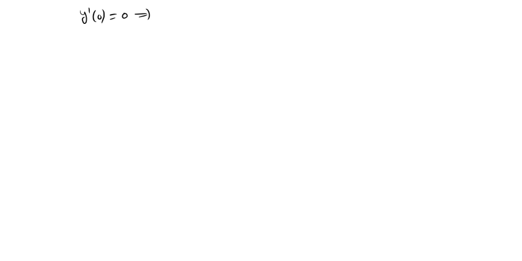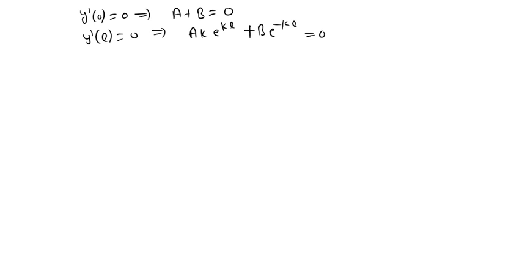This will give you a plus b equal to 0, and the second condition y dash L equal to 0 will give you a k e power kL plus b k e power minus kL equal to 0.